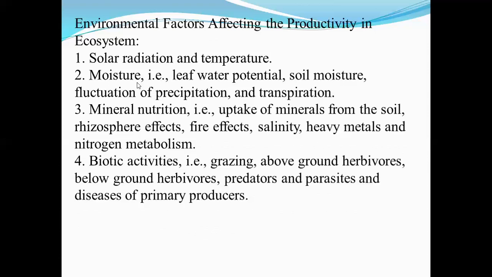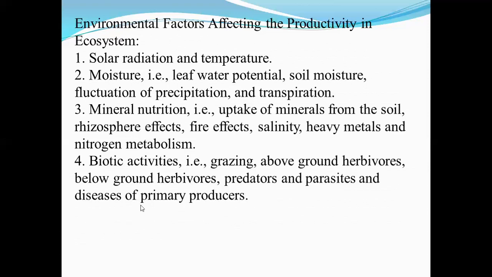Then moisture, that is leaf water potential, soil moisture, fluctuation of precipitation and transpiration, all these things also will affect the rate of productivity. Mineral nutrition, that is uptake of minerals from soil, rhizosphere effects, fire effects, salinity, heavy metals and nitrogen metabolism are the third environmental factor which affects our productivity. Then biotic activities, that is grazing, above ground herbivores, below ground herbivores, predators, parasites and diseases of primary producers.